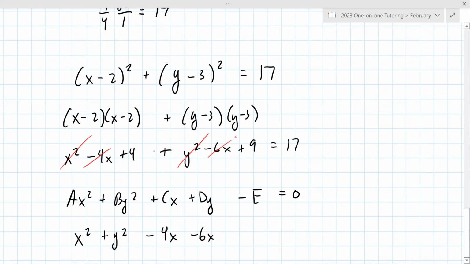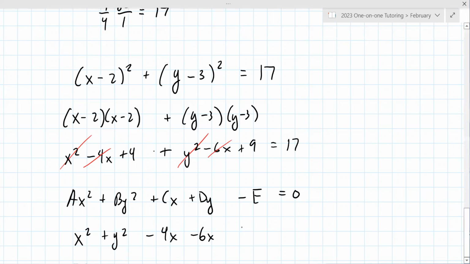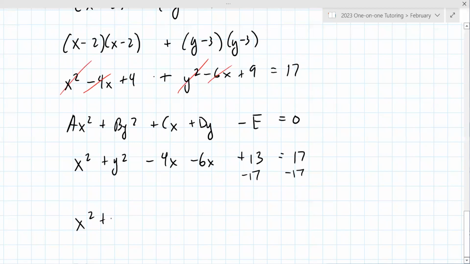And then you combine the 4 and the 9, so that's 13. And then you subtract the 17 from both sides. Sorry, this is a y, 6y. I got that in the wrong spot.